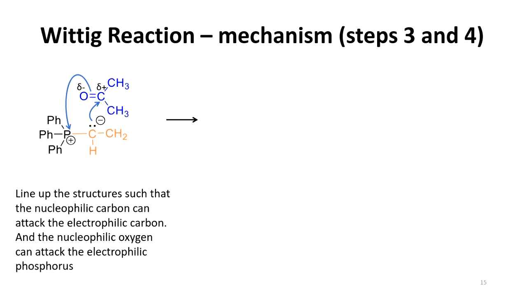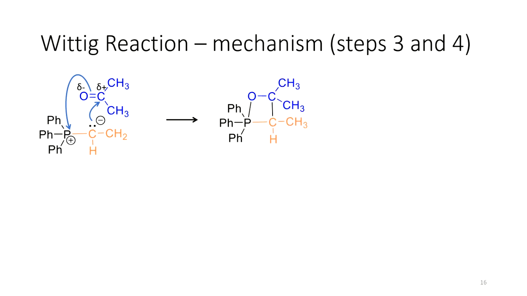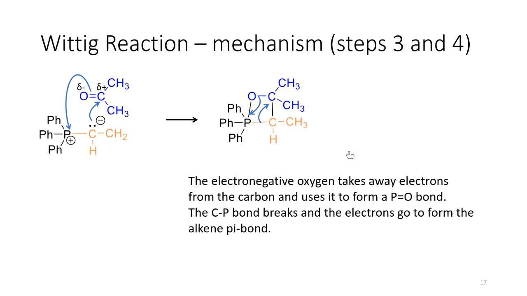So at the end of this reaction, what we have is a four-membered ring. So we have a carbon-carbon bond being formed and an oxygen-phosphorus bond being formed. So the negative oxygen will take away electrons from the carbon, and we'll use those electrons to form a bond with the phosphorus.